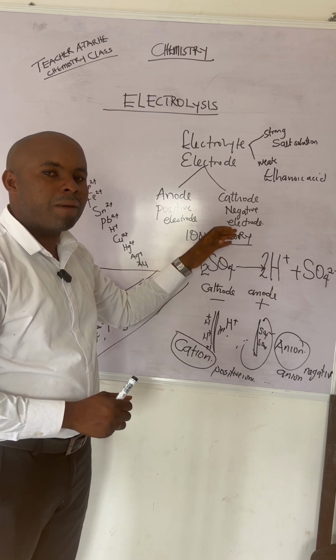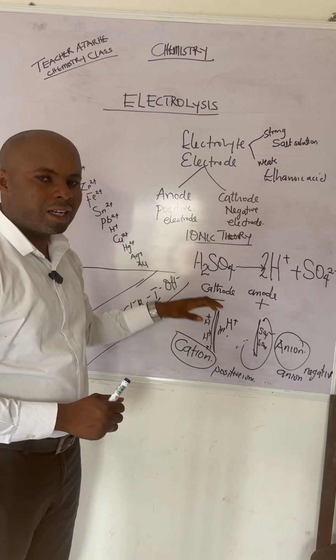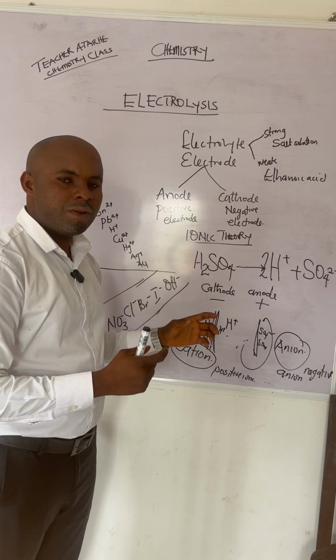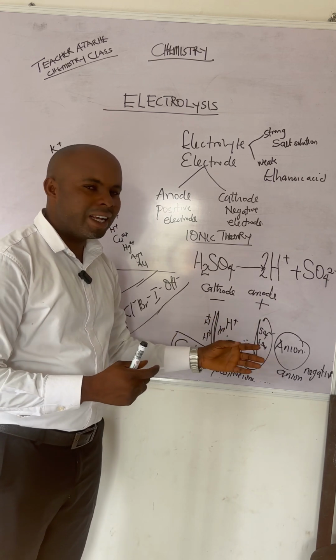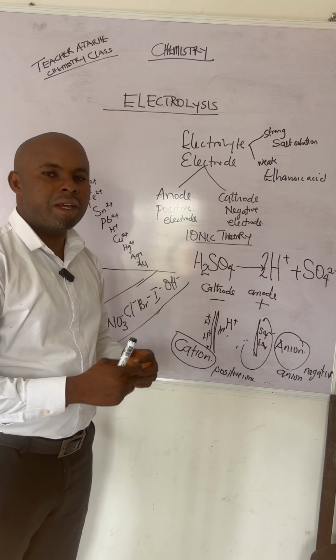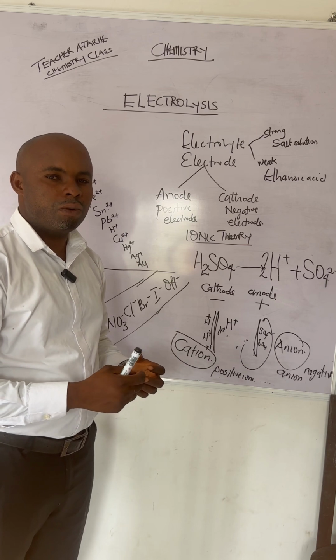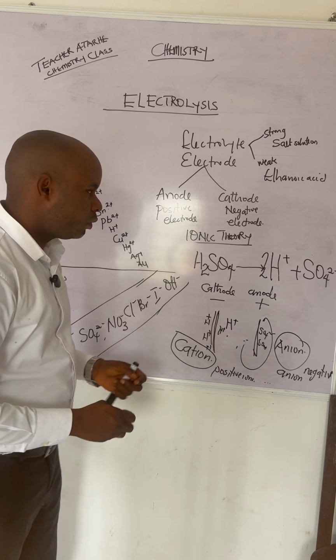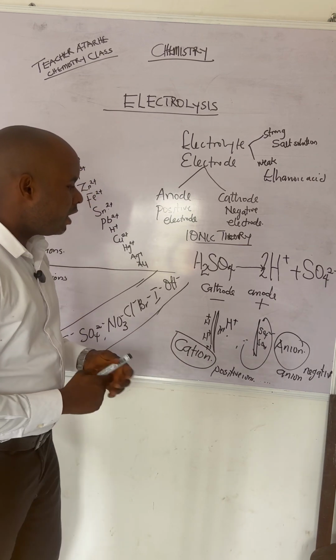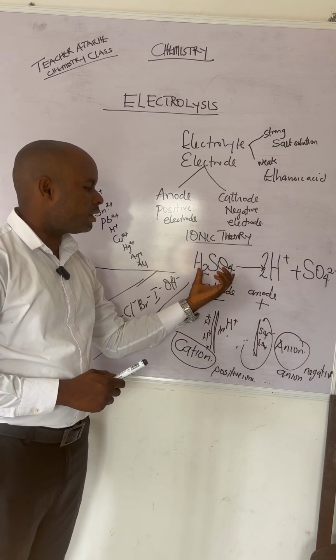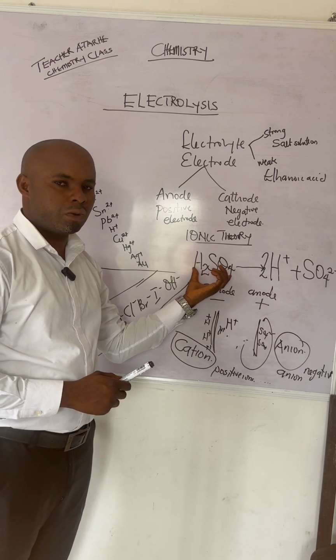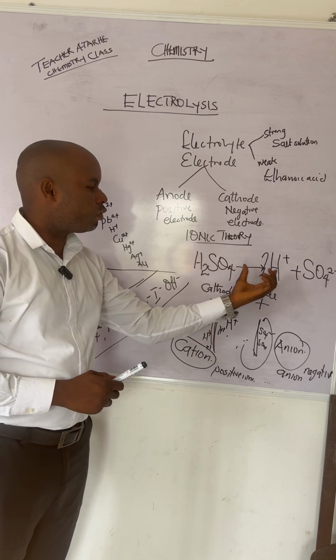But when we talk about ions, cations are the positive ions, while anions are the negative ions. So how can you make reference to this? For you not to be confused, just ensure that whenever a current is passed through an electrolyte, it dissociates into two parts.